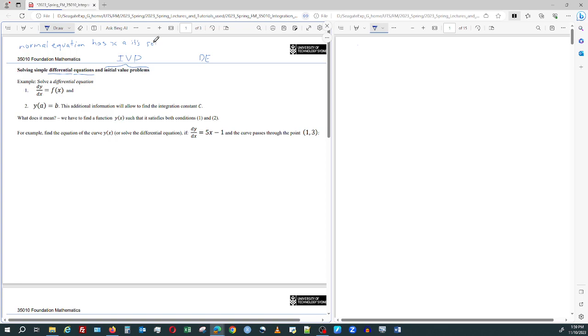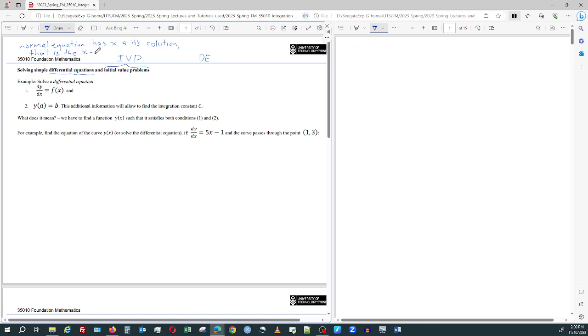That is the x-intercept. When you solve a normal equation, you find the x-intercept where it cuts the x-axis.